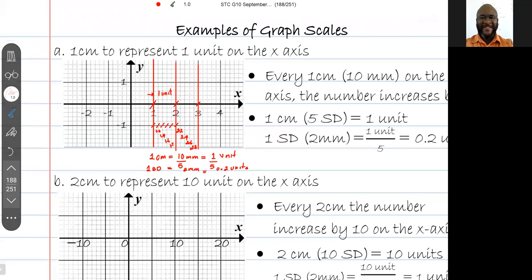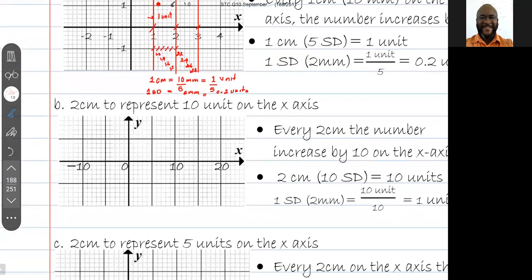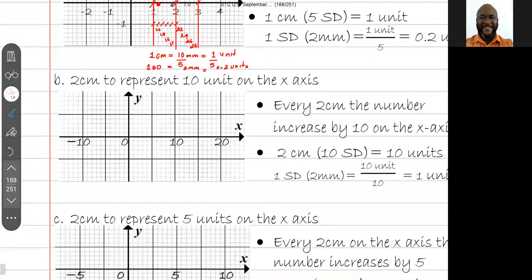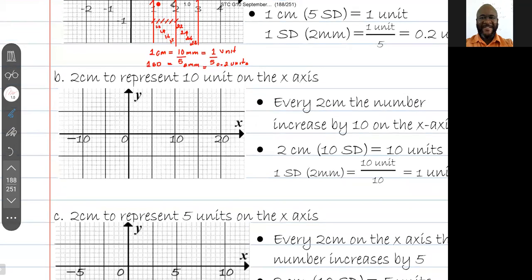Here's another scale. Now, this scale says 2 centimeters to represent 10 units on the x-axis. These are my major grid lines, and they are at 1 centimeter intervals.